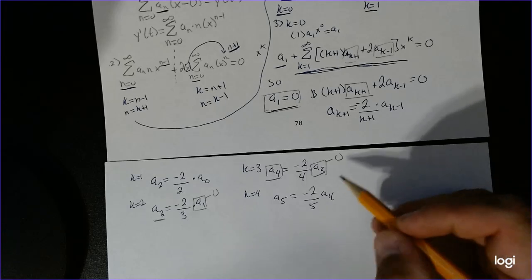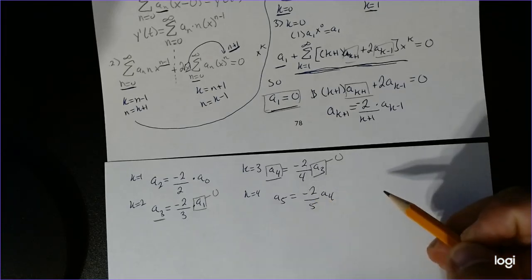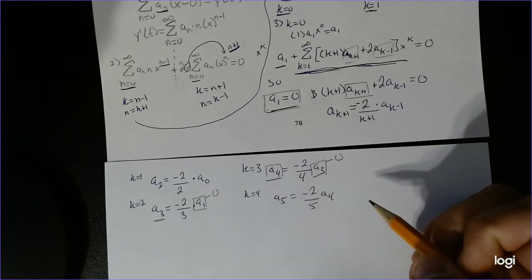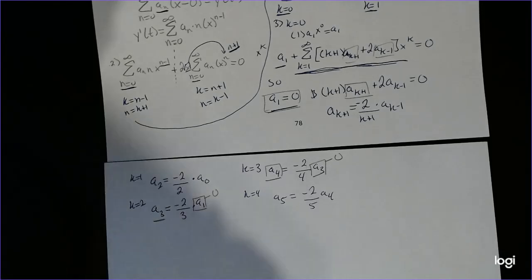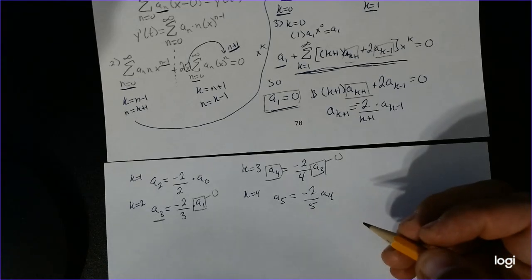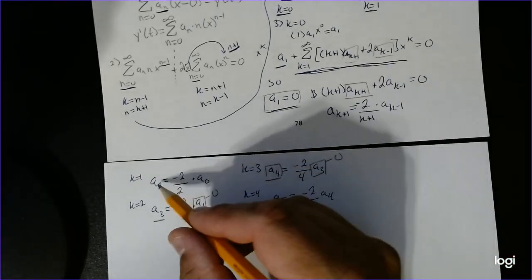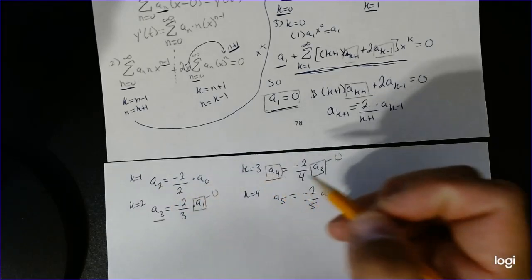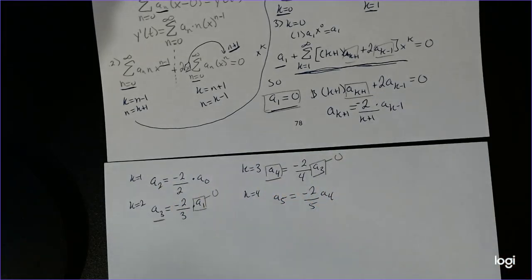So it looks like a couple terms actually just go away, which is kind of nice. So all we're going to do now is somehow shuffle stuff away. Let's see, how do I want to say this?